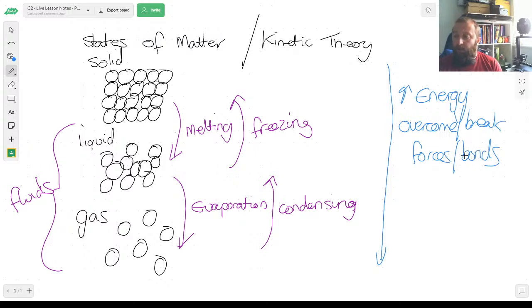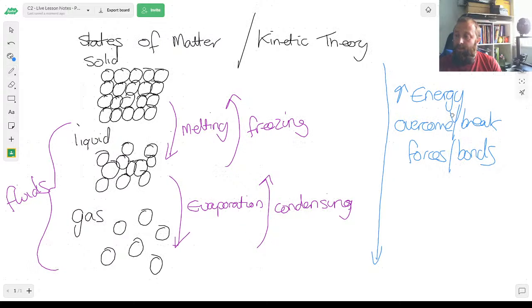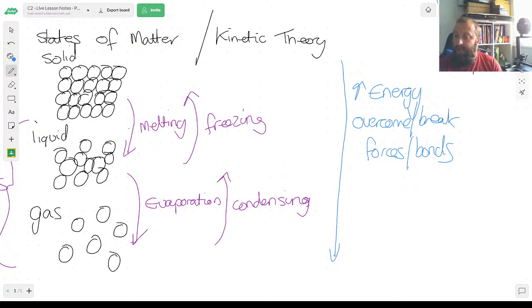Now, we increase the energy, go this way, we increase the energy, and I can put this down here, by increasing the temperature. And again, that shouldn't be new. There should be things we know. It's just making sure that you've made these links in your head so that you can actually talk about it in exam questions.